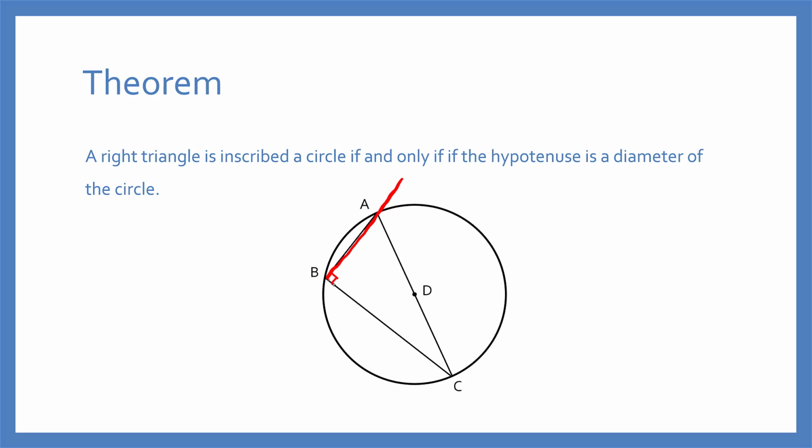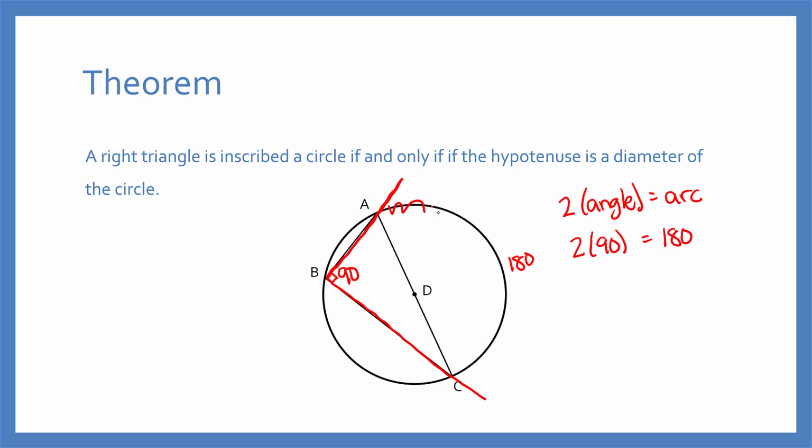if I trace out this angle, we know that a right angle is 90 degrees. We also know that 2 times my angle equals my arc. So 2 times 90 equals 180.